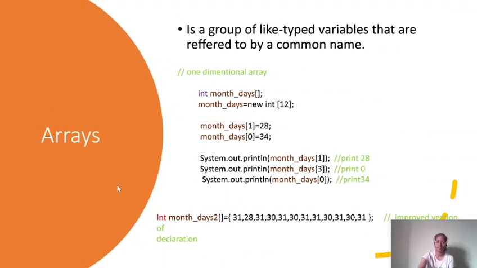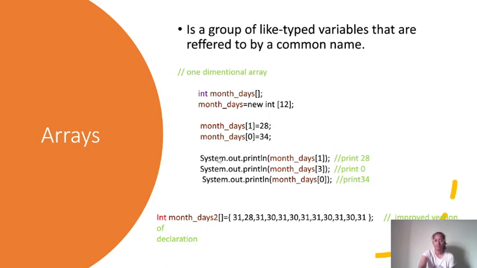Arrays. An array is a group of like-typed variables that are referred to by a common name. Arrays are declared this way: the data type, the array name, and square brackets. We can mention the size of the array we want inside the square brackets. Like here, we have an array month days of data type int of size 12, and these are the index values of the data which is going to be stored inside the array.